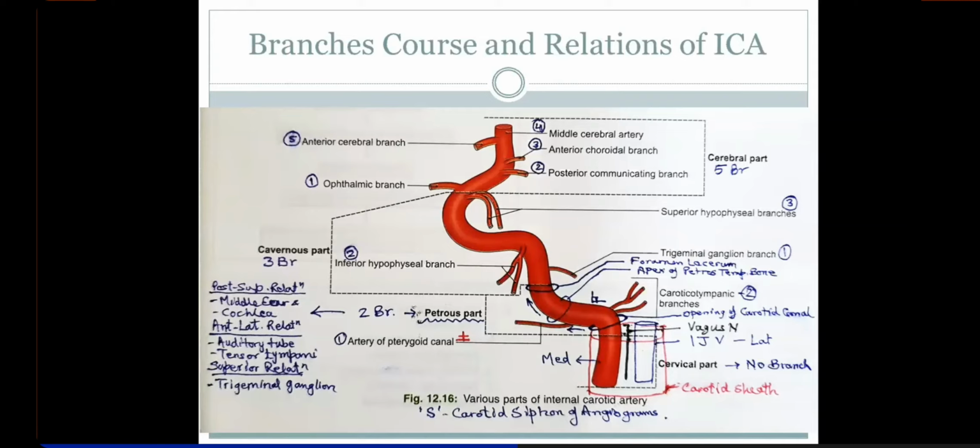So posterior-superiorly is the middle ear and the cochlea. Then anterolaterally to the artery, you have the auditory tube and tensor tympani. These 2 also open into the middle ear cavity, but a little above this, let me tell you about this anterior wall of the middle ear.